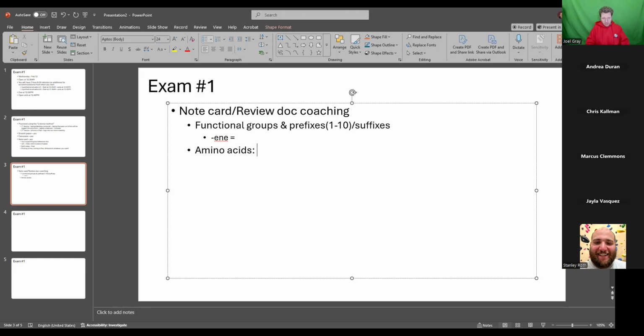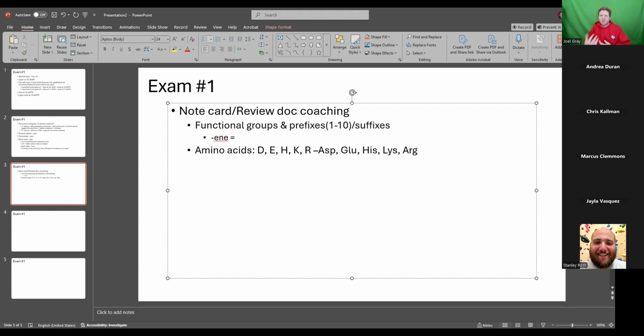Those would be D, E, H, K, and R. Well, what are all those? That's aspartic acid, so ASP. E is GLU for glutamic acid. H is HIS. K is LYS for lysine. And R is ARG.